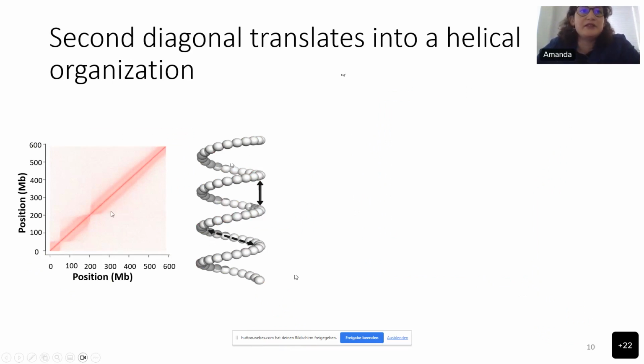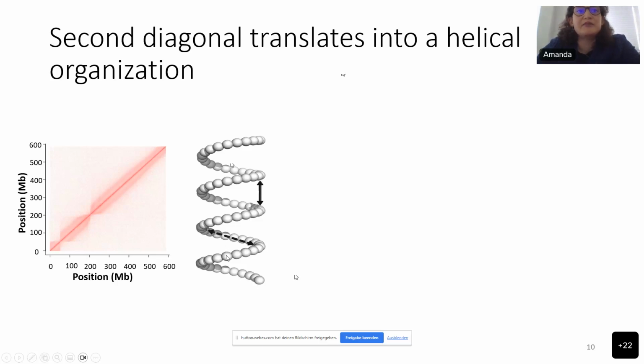And this is so because, well, in the first main diagonal, we already know that sites close to each other in the linear sequence are also close in space. But we see that distant sites sometimes are distant in space too. But if you come back an entire period, then again the distant sites are closer to each other.